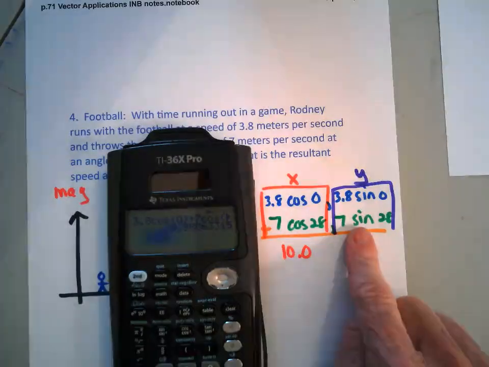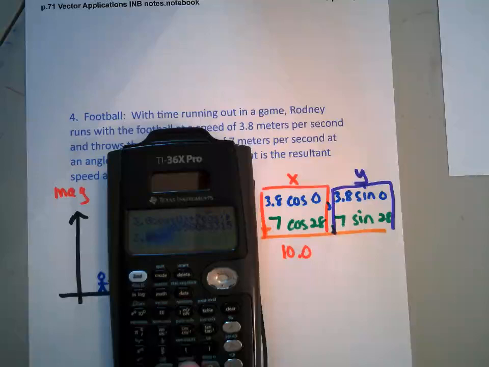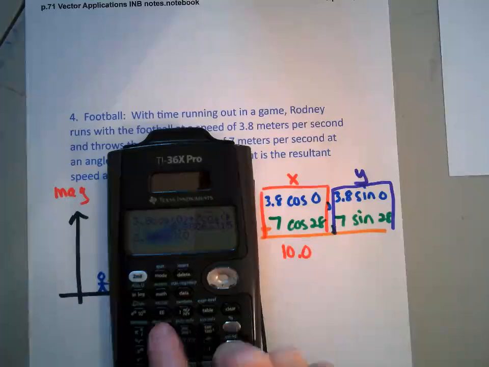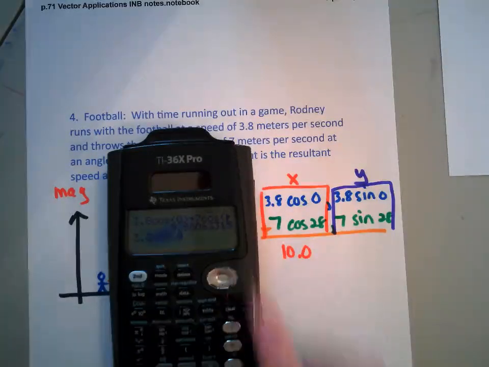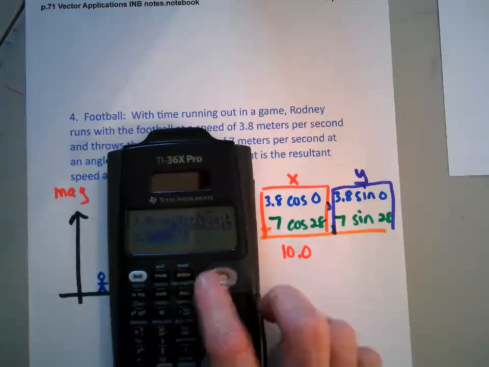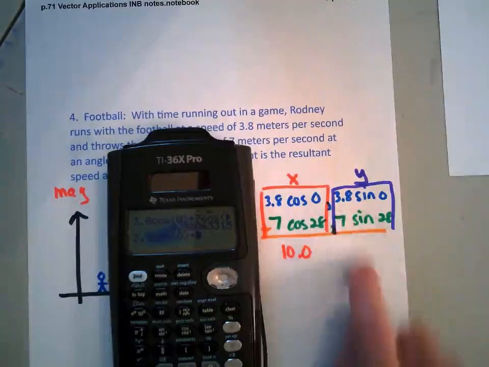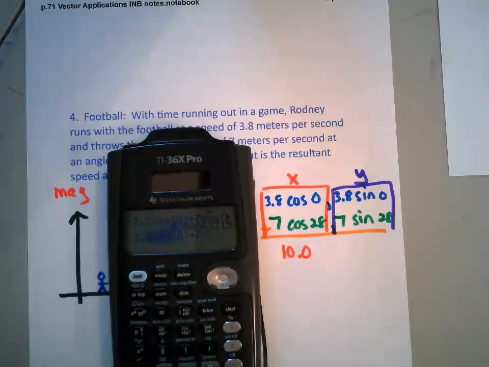All right, on to the y part. 3.8 sine of 0. Close your parentheses. Didn't get the 0 in. Plus 7 sine of 28.